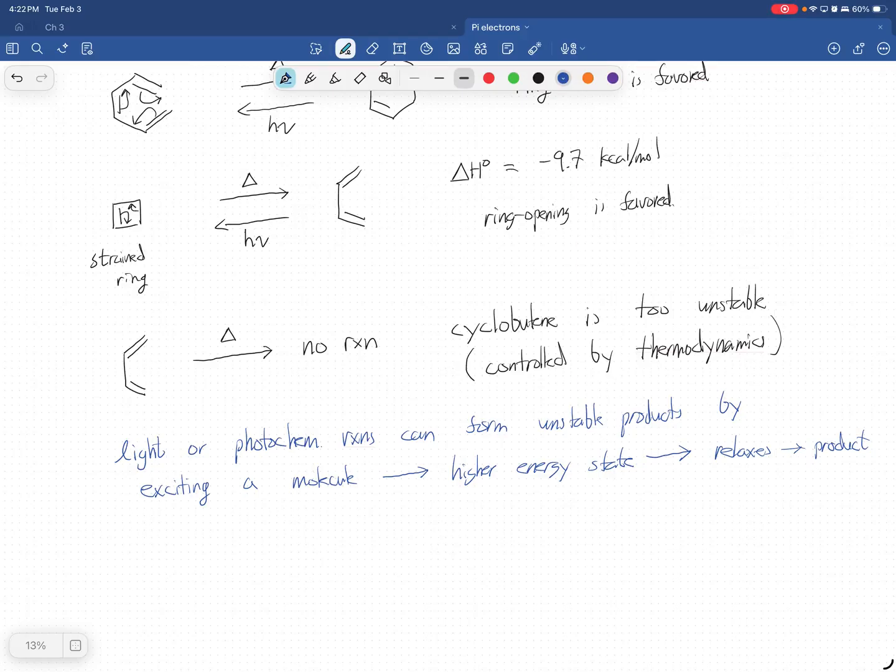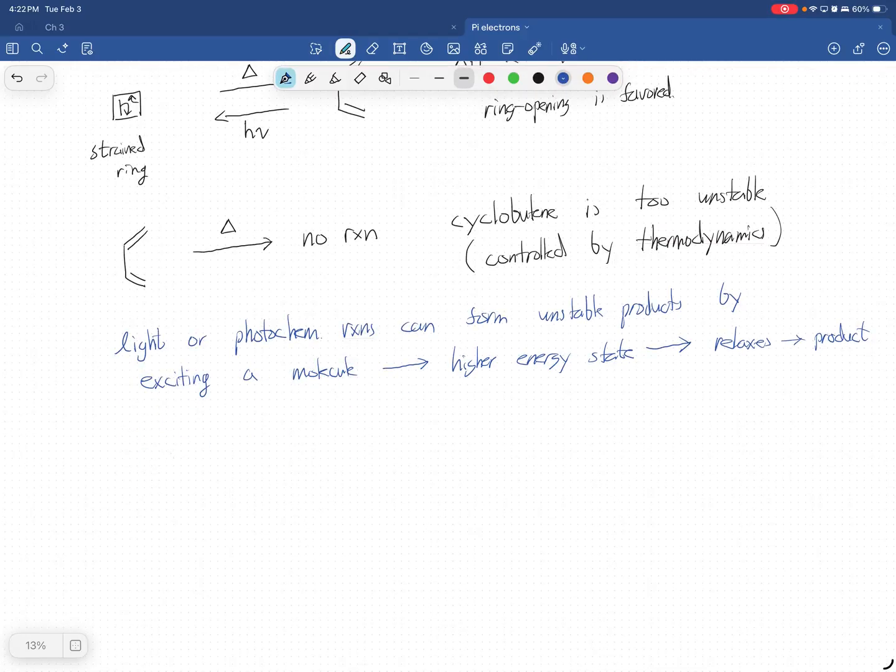It has to do with these energy states. So to wrap this up for this chapter, say you have your molecule here. My molecule is this group right here. We know if we hit it with heat, it won't do anything. So let's just excite it with a photon. What happens to this molecule?